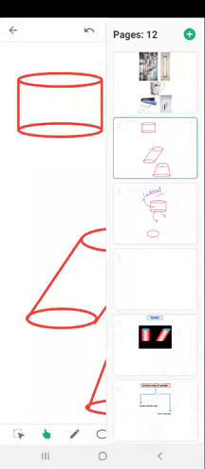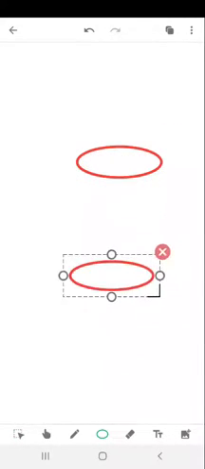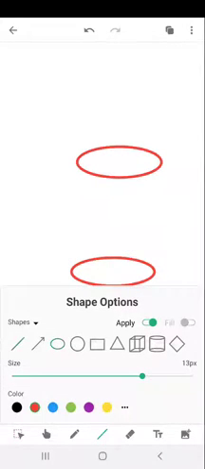The basic property for a cylinder is that a cylinder must have its two bases congruent. So the two circular bases should be equal to each other. And then we have lines joining these two bases.